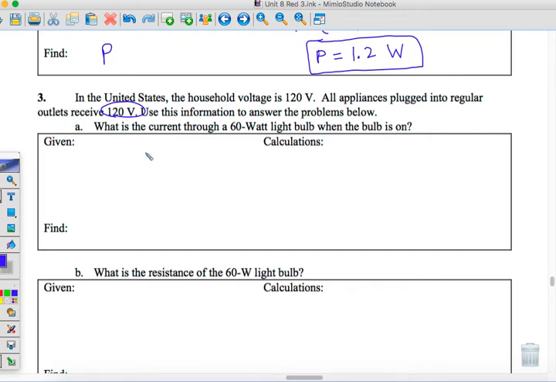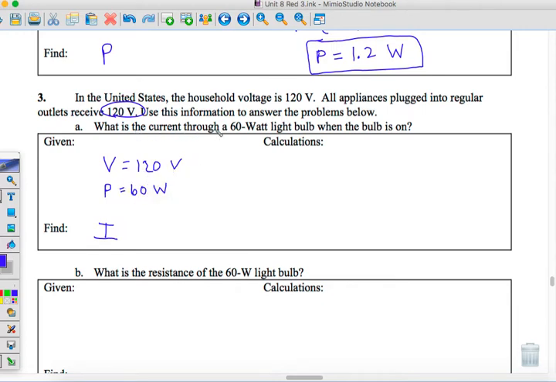So we're looking for the current, that's what we're trying to find. And what we know is that the voltage is 120 volts. And the power is 60 watts.